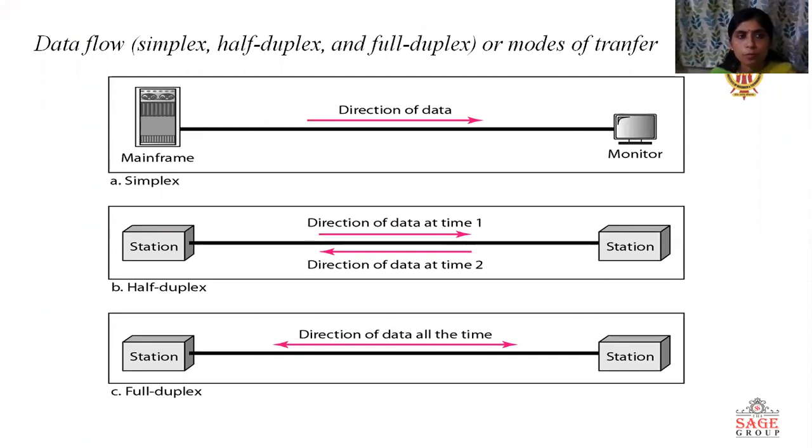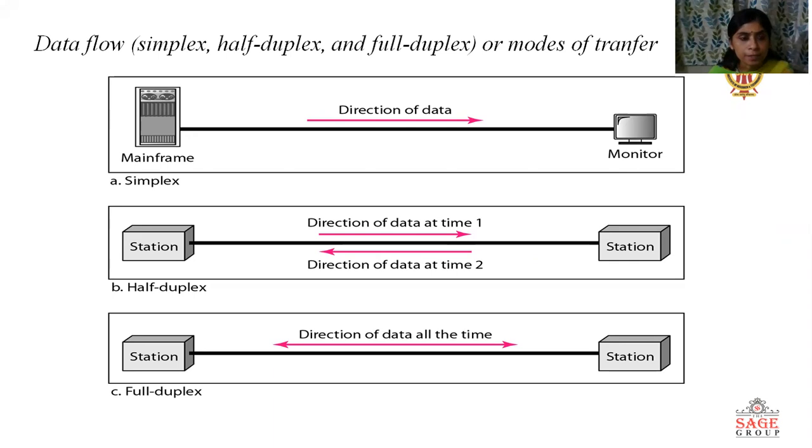Here are the modes of transfer or data flow. This is a different topic from the data transmission methods. Again there are three types of data flow methods between transmitter and receiver: simplex transmission, half duplex transmission, and full duplex transmission. In simplex transmission, there is only one transmitter and one receiver.